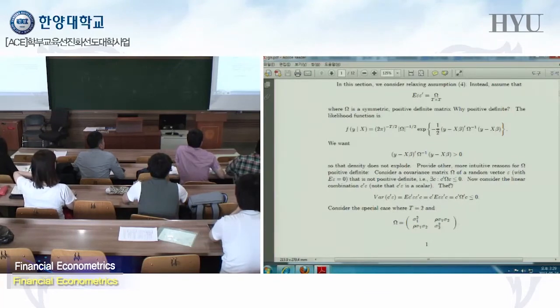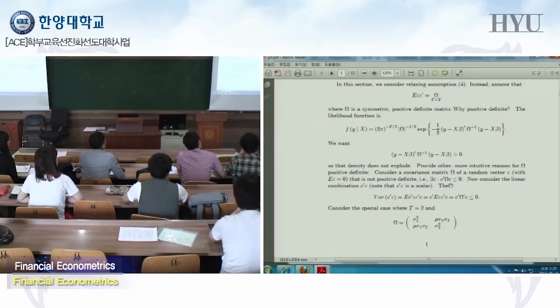So if omega is not a positive semi-definite matrix, it means that we have some linear combination of variables for which the variance is non-positive, which does not make sense and is not possible. Therefore, omega should always be positive definite, which means that for all c, this one should always be positive.